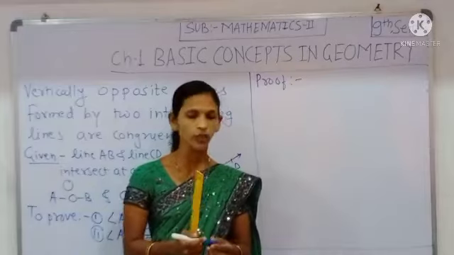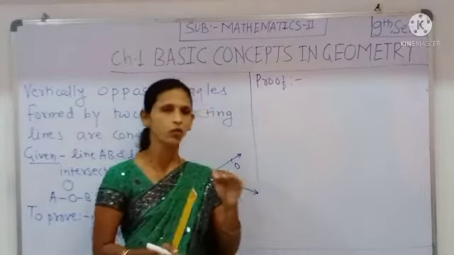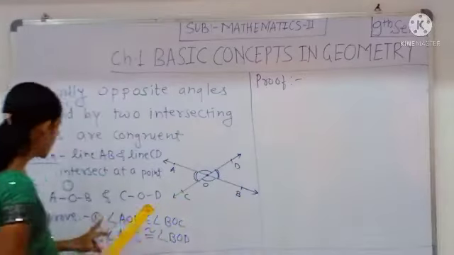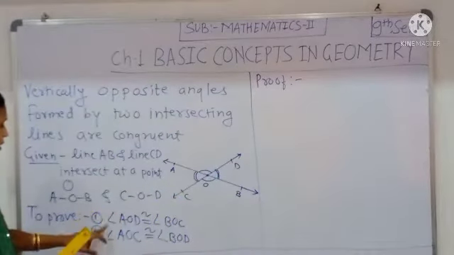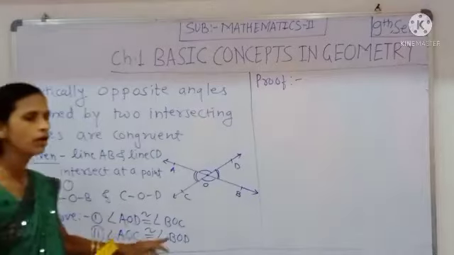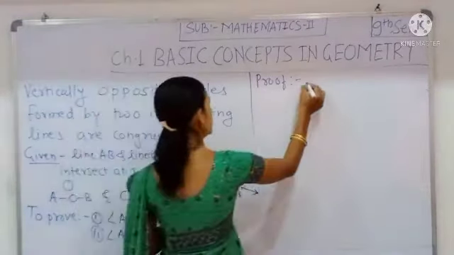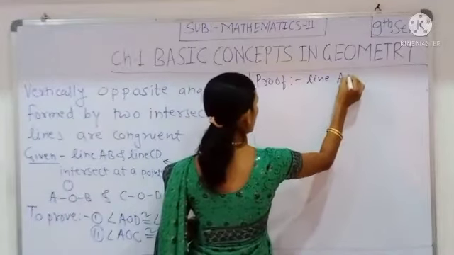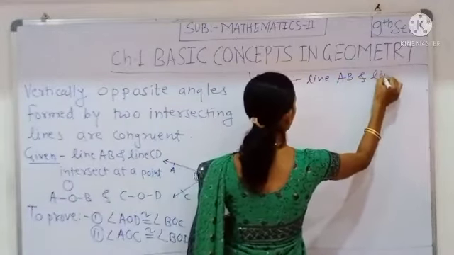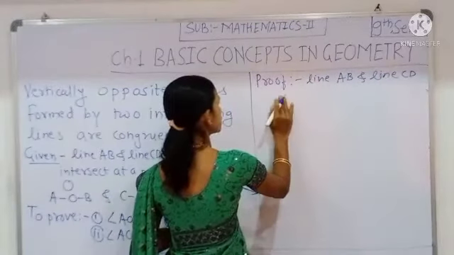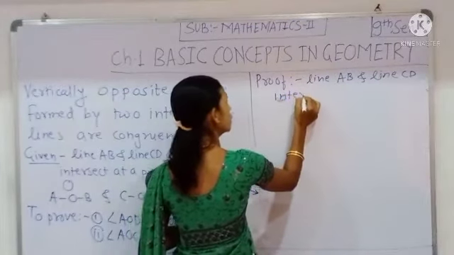That property of linear pair angles we have to use here to prove this vertically opposite angle property. See here, line AB and line CD intersect in a point O.